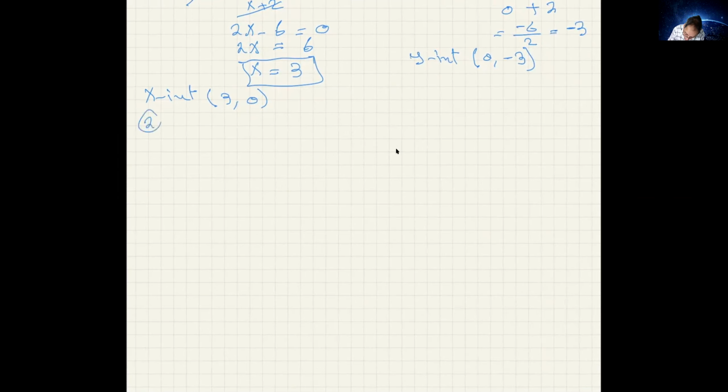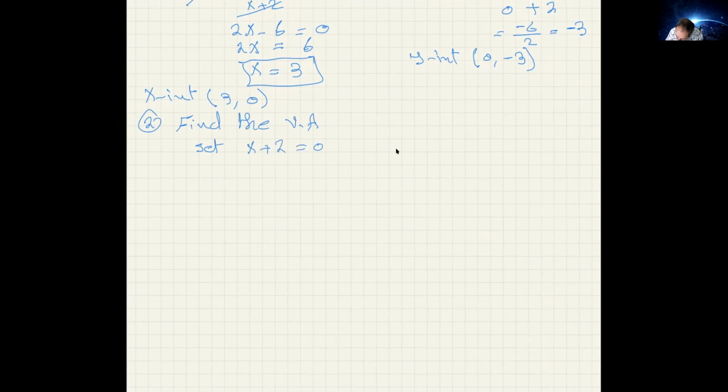Step 2, find the vertical asymptote. Okay, when we do the vertical asymptote, we set q of x to 0, which is x plus 2 equals 0.